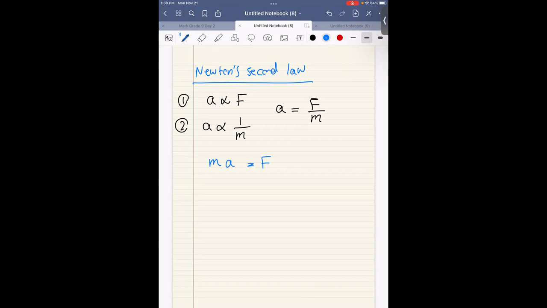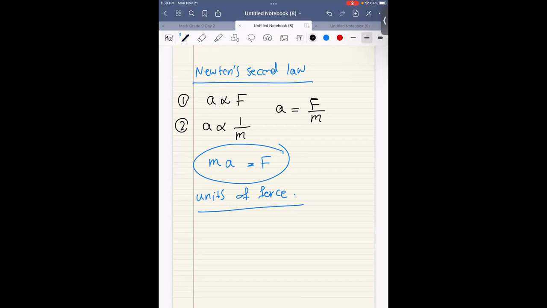So what is the unit of force from this equation? Just using this equation, what is the unit of mass? Like kilogram. Yeah.